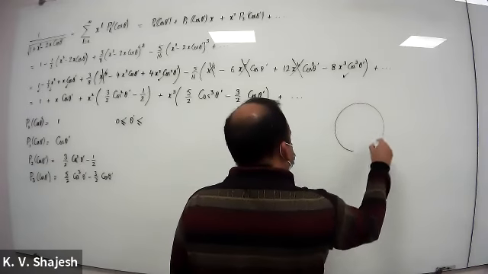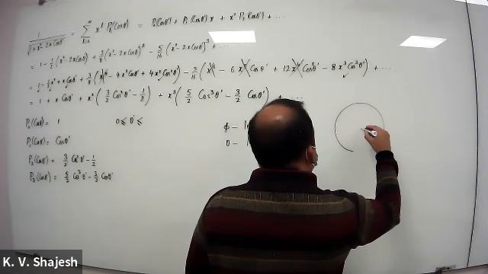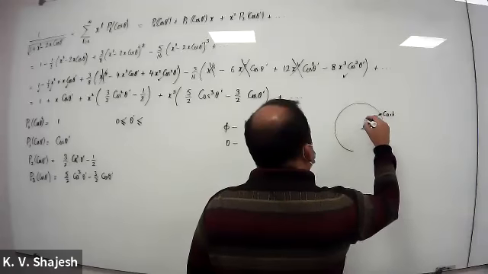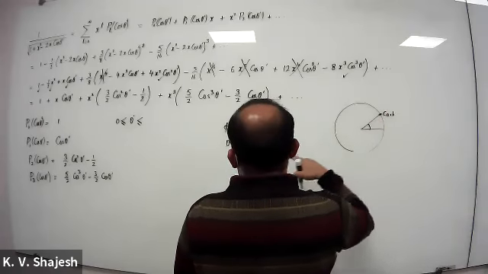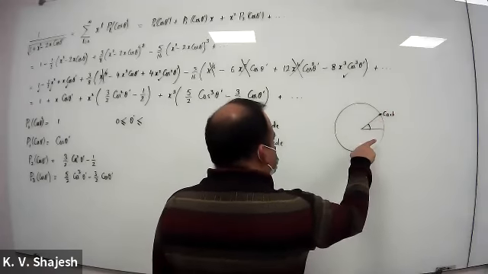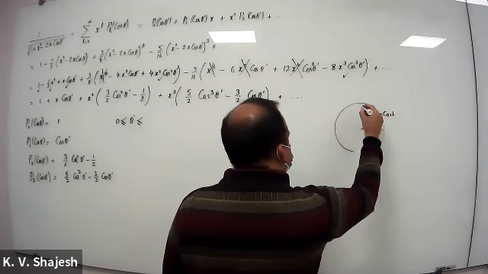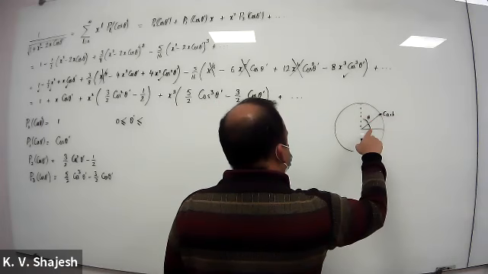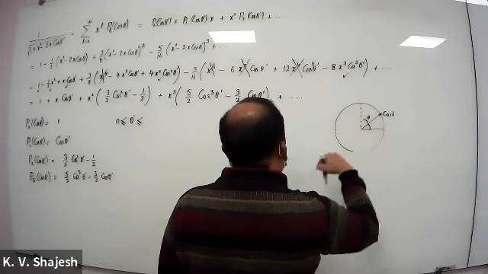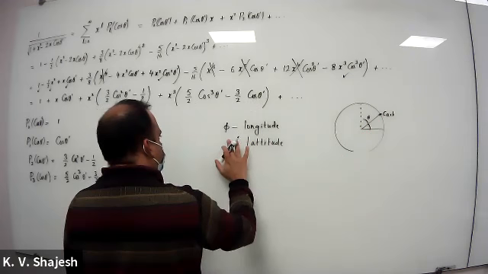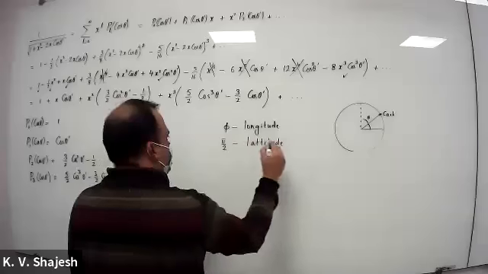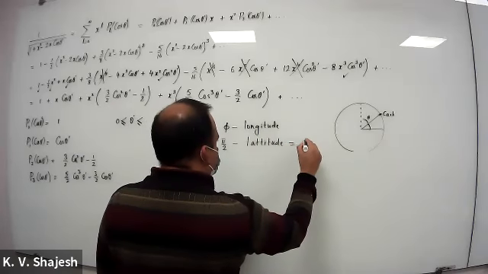So this is the sphere, and this is the angle, and this is Carbondale. This is our angle theta. How do you say this? Pi by 2 minus latitude is equal to theta.